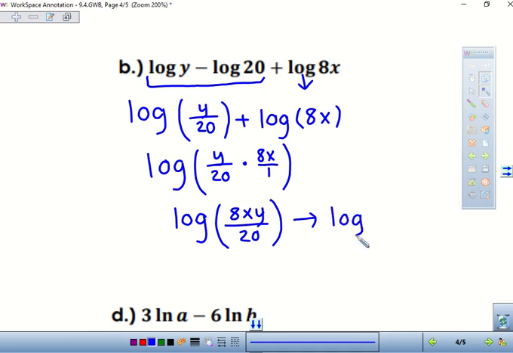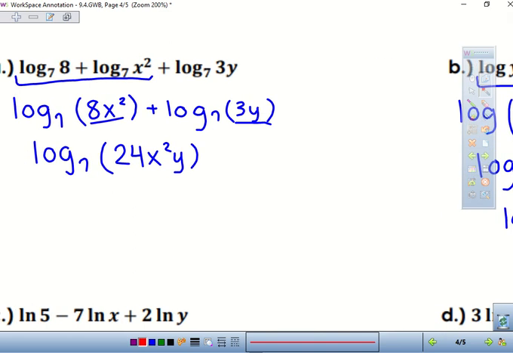What's it going to become? 2xy over 5. So I just ultimately reduced that fraction there. So does anyone have any questions about that so far? Okay. And you can also cross cancel here if you want. That would also have worked, whatever method you like to use to simplify fractions.